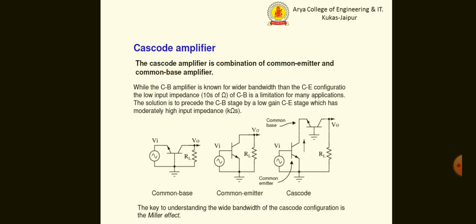Cascode amplifiers are basically a combination of a common emitter and a common base amplifier. The common base amplifier is known for wider bandwidth than the common emitter configuration. Hence, we have chosen a common base configuration for this kind of application.